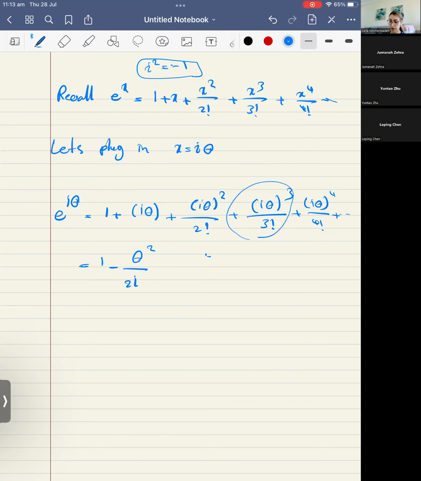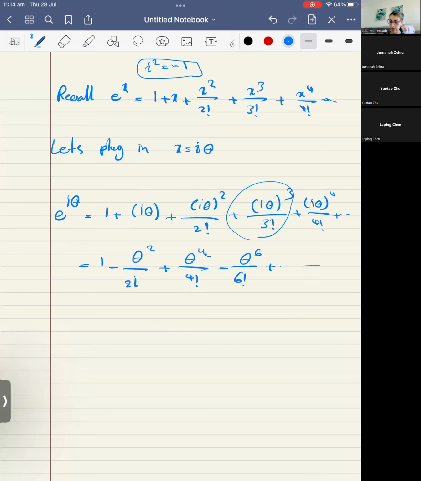Again, this one i power 3, you can ignore this one. Plus i4 is plus theta 4 over 4 factorial minus theta 6 over 6 factorial and plus till n.